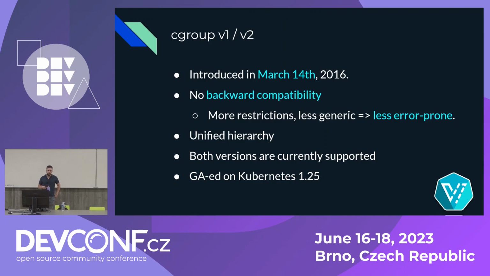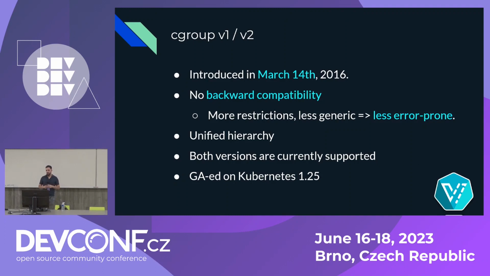So the idea in v2 is that you have much more restrictions. It's less generic, but it would be less error-prone. Another thing is that we have a unified hierarchy. You remember when I talked about the subsystems, in v1 there is a different hierarchy for every subsystem. That might also cause a lot of trouble because the different subsystems are not aware of each other.